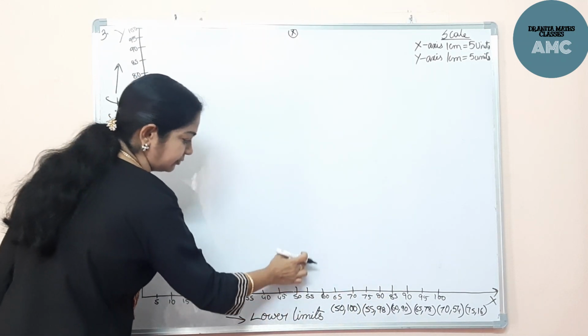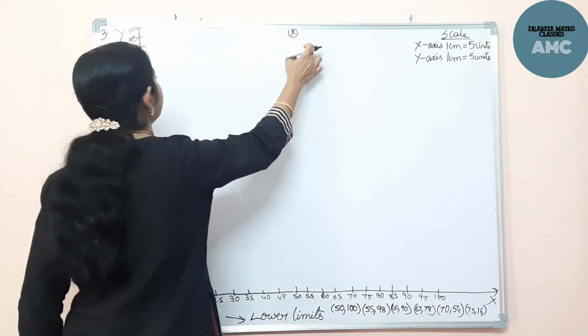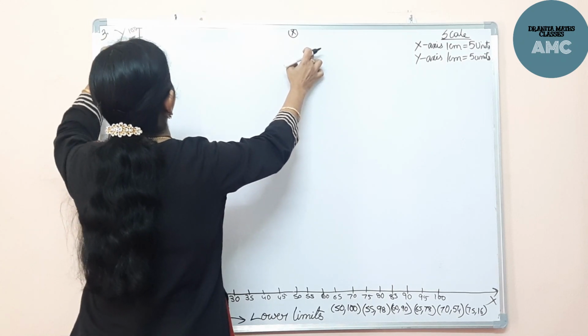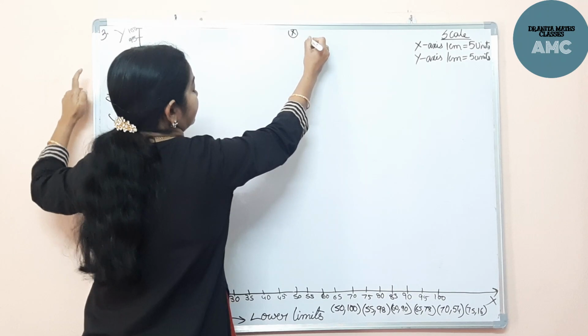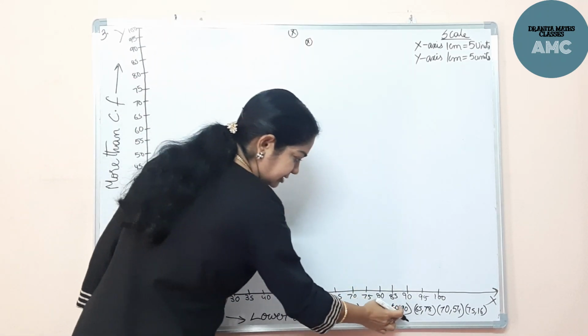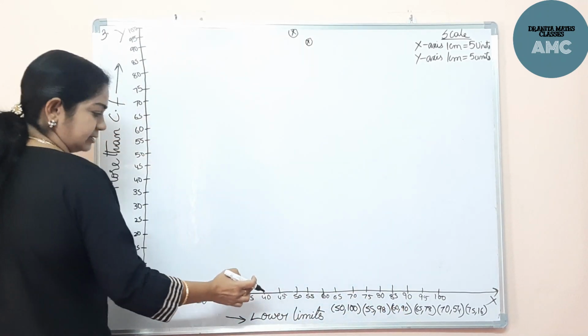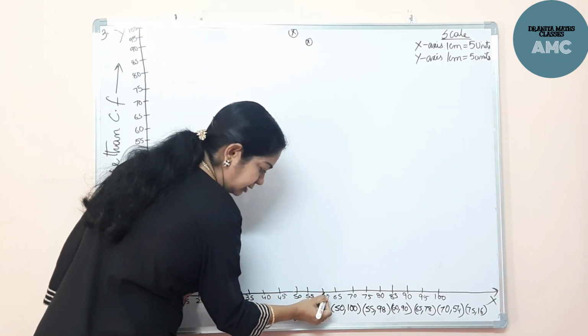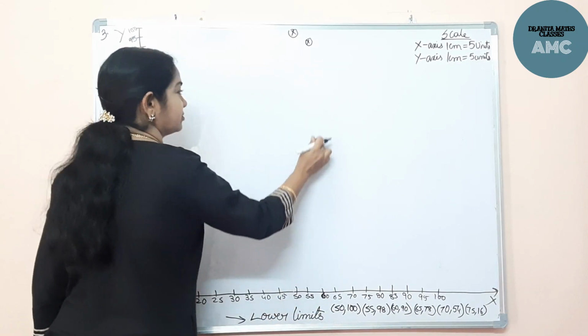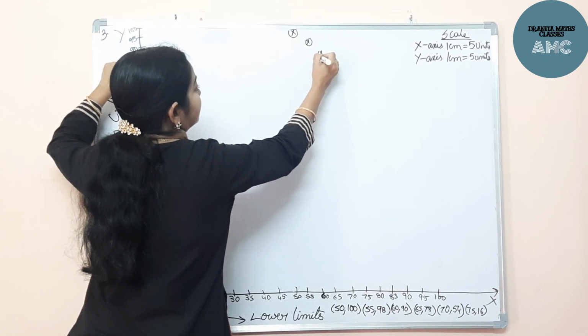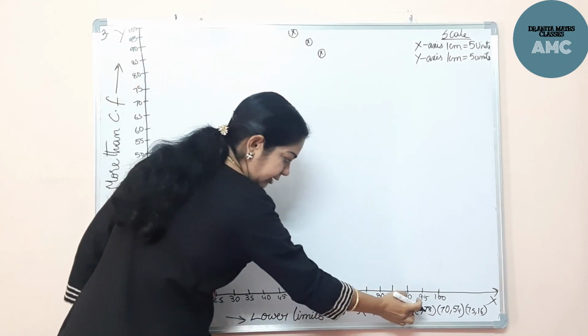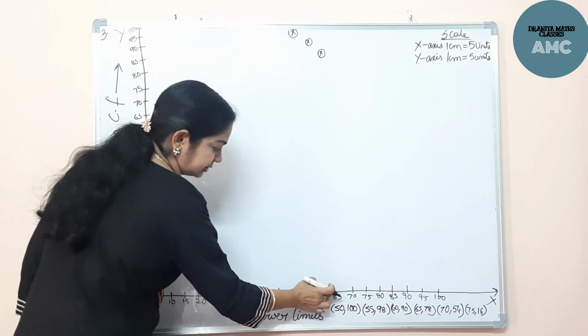So at 55, go straight up to 98, after 95 and below 100. Now 60, 90. See the point at 60, go straight up to 90. 90 is already given here.